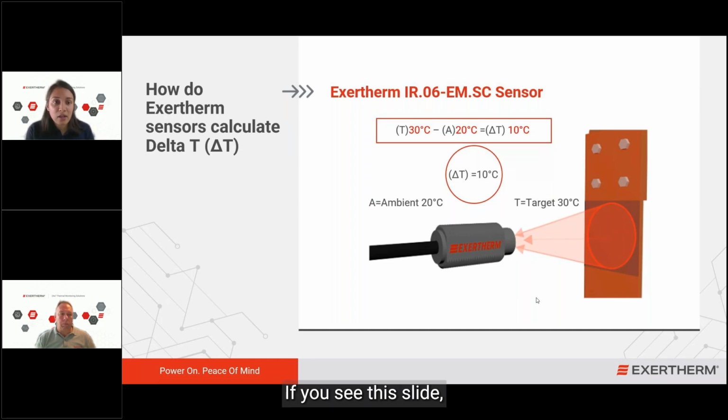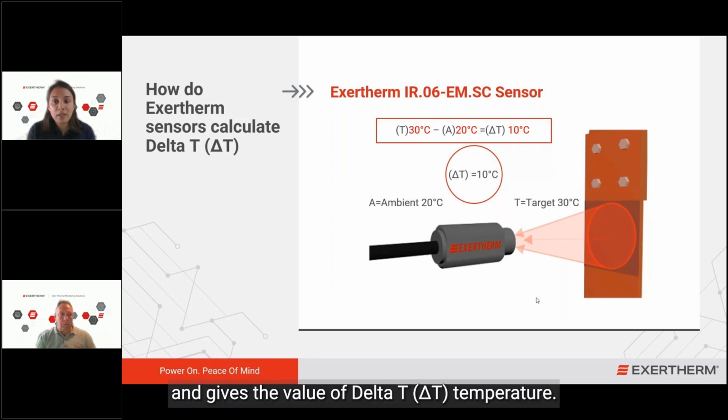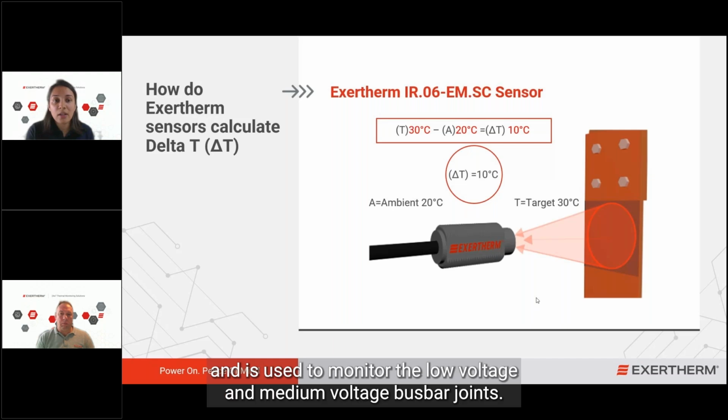If you see this slide, this pictorially explains how the exotherm IR sensor calculates and gives the value of delta T temperature. So the IR sensor is a small non-contact sensor and is used to monitor the low voltage and medium voltage busbar joints.